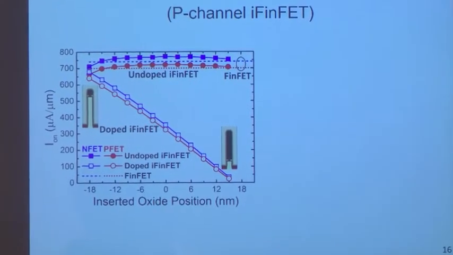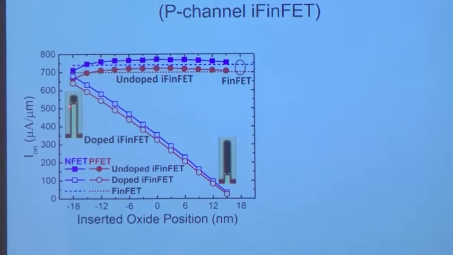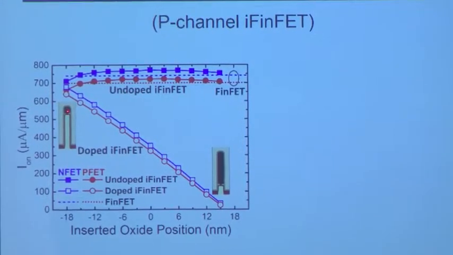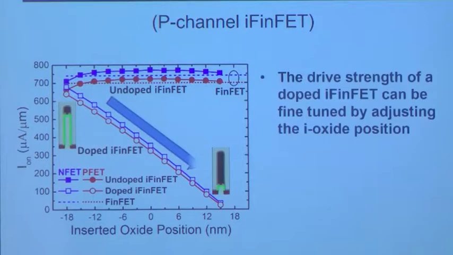Of course, this is for all the fins on your chip. If the SOI layer you start out with is pretty thin, then when you kill the top nanowire portion, it's not going to really degrade the drive current too much. But the thicker the SOI layer is, the weaker the effective channel width. The effective channel width is tuned by changing the position of that inserted oxide layer.